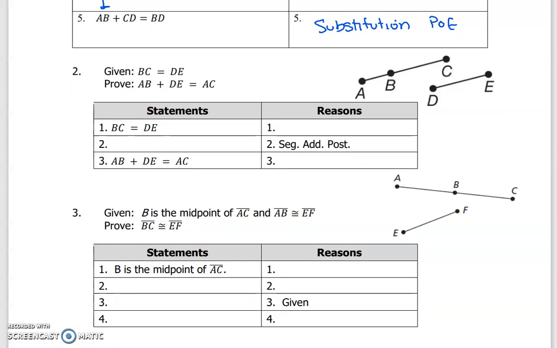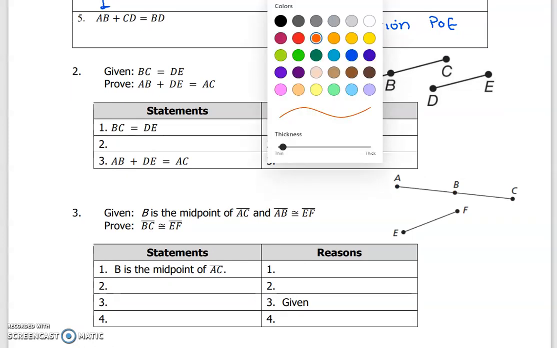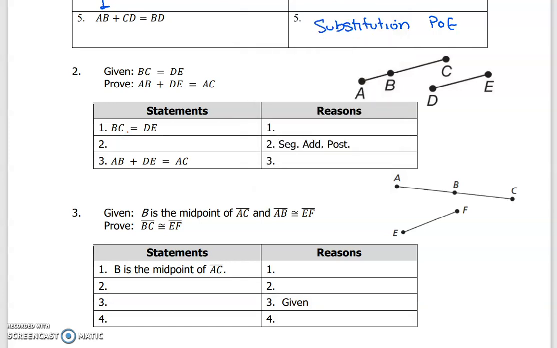So let's take a look at this next one. We've got our picture over here to the right, and it does help as you go to mark your picture if you have multiple pieces with it. But our first reason would be given. BC is equal to DE because it's given to us. So we have to start somewhere. Now it's saying segment addition. Well, I only have this segment that has multiple parts to it.